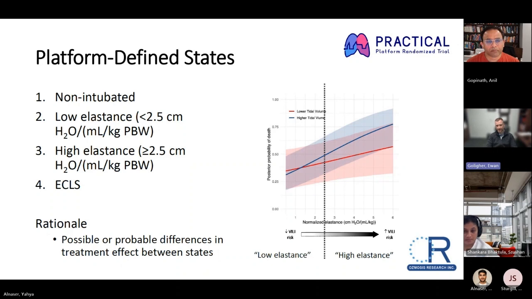And then the intubated patients are divided into patients with low respiratory system elastance or high respiratory system elastance. The states are important to us because we think that treatment effect may vary between states. And so we think this is relevant for defining more precise estimates of treatment effect to guide evidence-based medicine. Next slide.